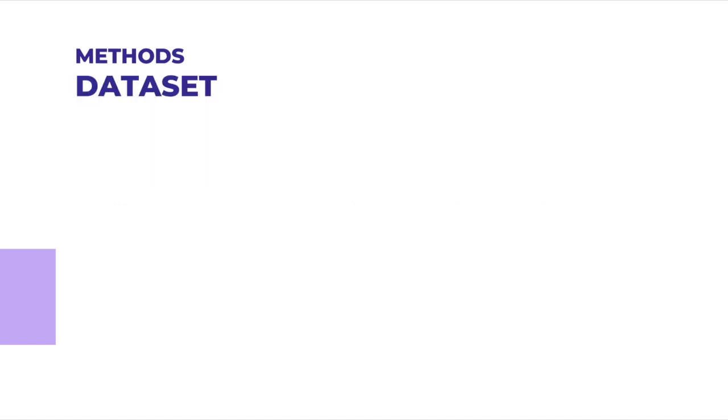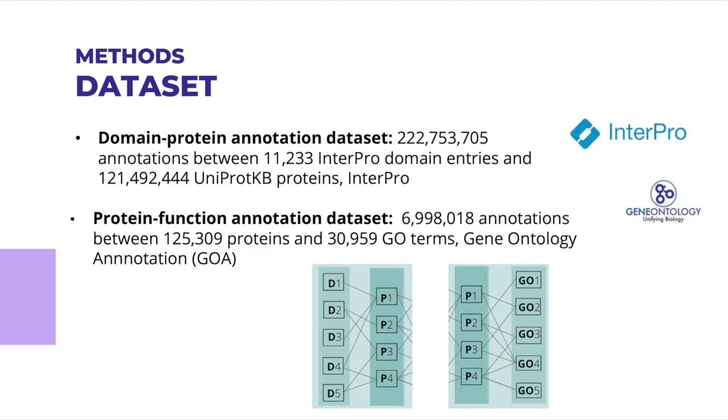To generate domain function mappings, we combined two datasets. For the domain protein dataset, we obtained the UniProtKB InterPro entry annotation file from the InterPro database. As for the protein function dataset, we downloaded GO annotations with manual and experimental evidence codes from the UniProt GO database.